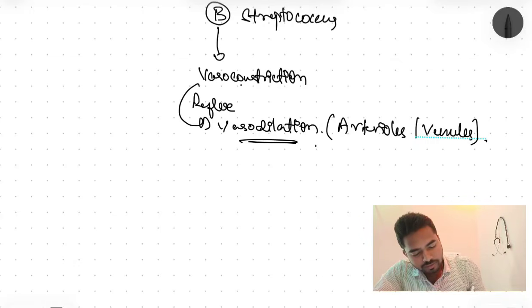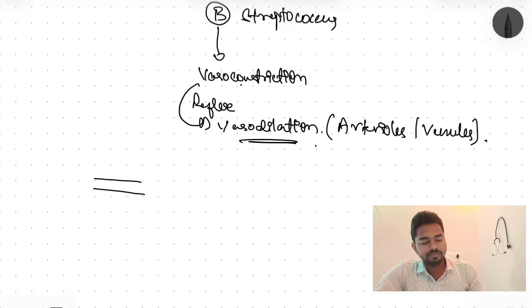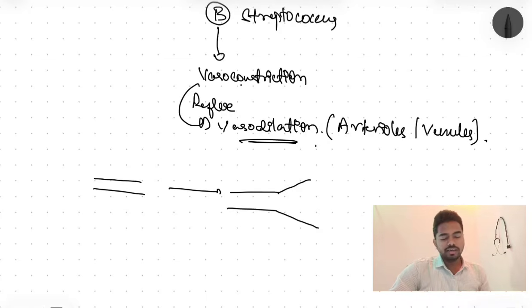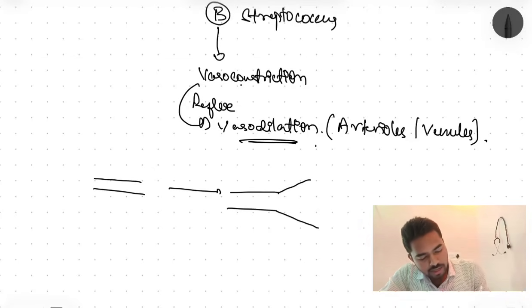Guys, see. Previously there was a vasoconstriction, right? And immediately reflex vasodilation. We studied in physiology, right, guys? Usually there will be a laminar flow, streamlined flow. What is this laminar flow?